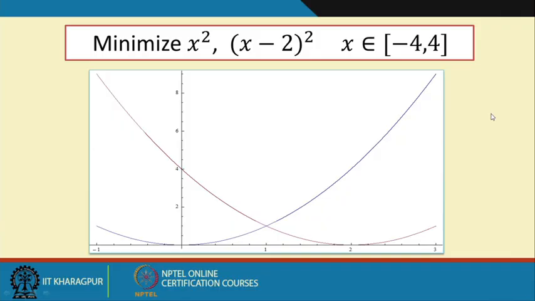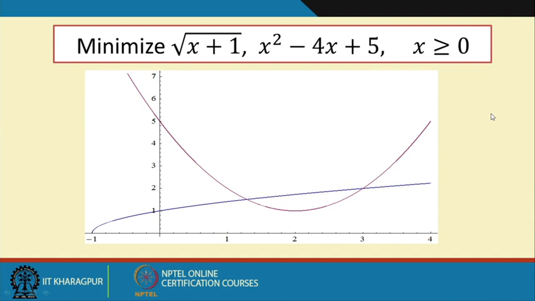Now, I am giving you another example for you: minimization of root x plus 1 and x square minus 4x plus 5, and this part I am keeping as an assignment for you.